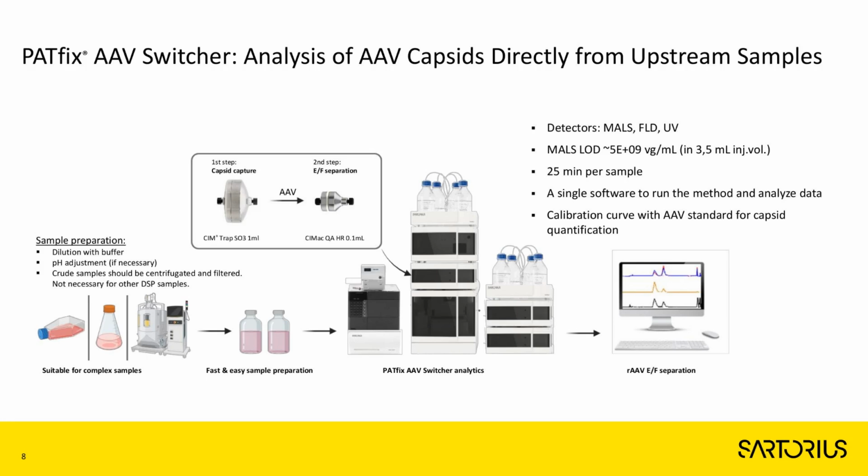All of this is controlled by a single software that both runs the system as well as helps analyze the data. Within the software itself, a calibration curve of an AAV standard can also be uploaded or included, which then helps quantify the capsids, both empties and fulls, further.